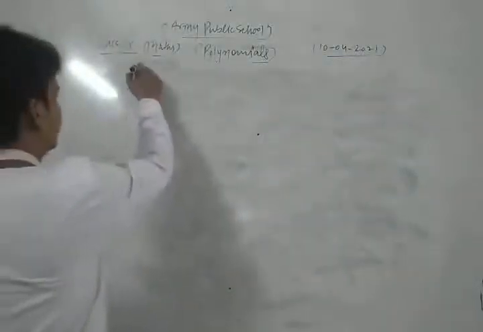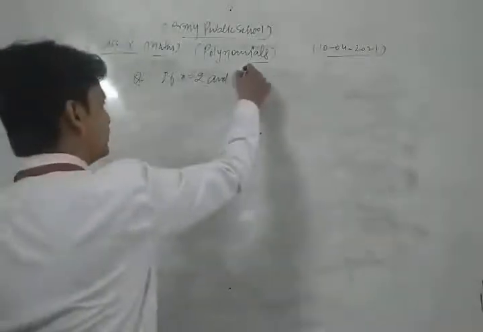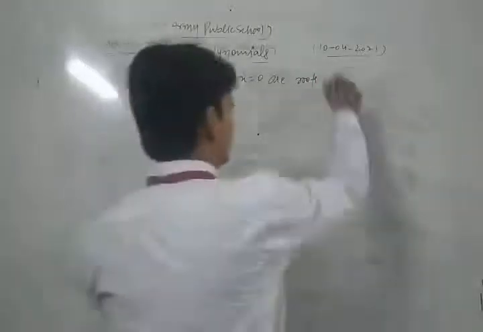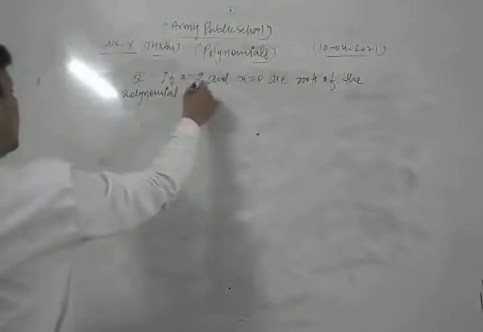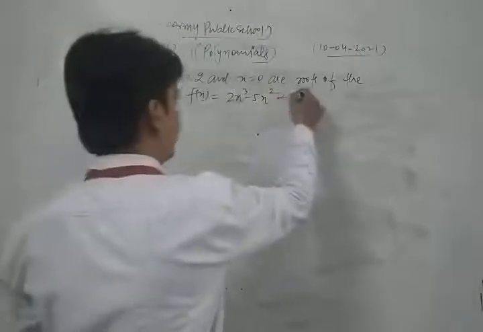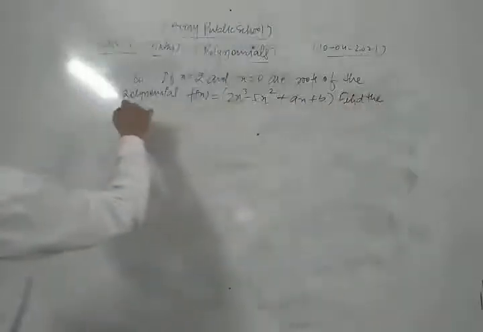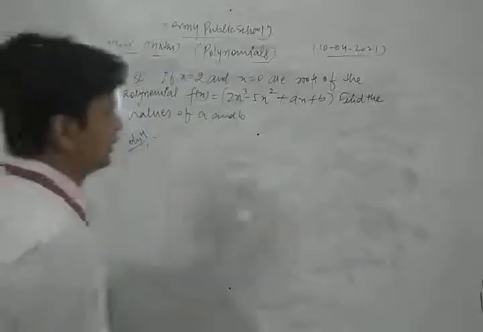If x is equal to 2 and x is equal to 0 are roots of the polynomial f(x) is equal to 2x cube minus 5x square plus ax plus b, find the values of a and b.